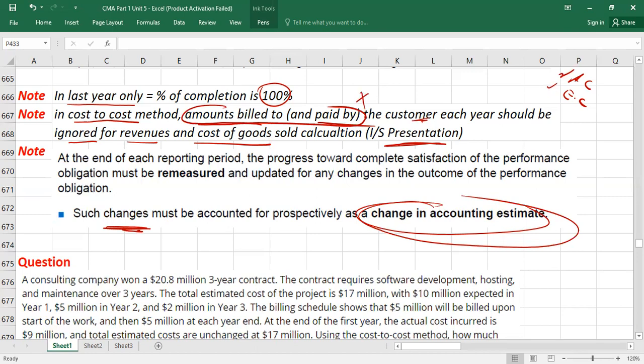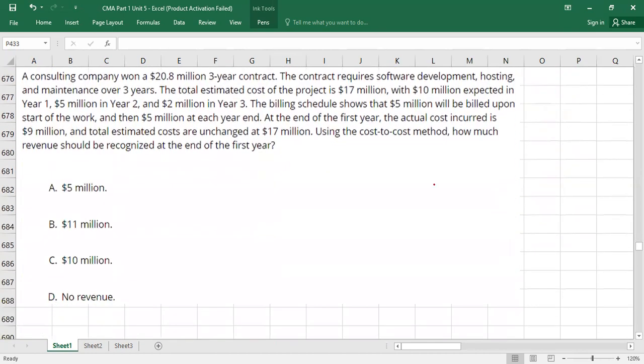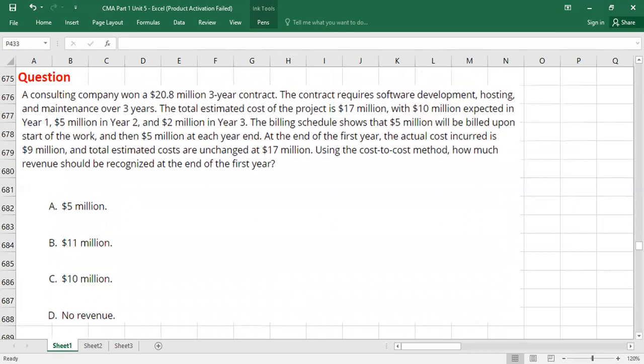Now, guys, I want to show you one exam standard question. Maybe your exam question will be like this. So I would request you to just read this question from here till here.